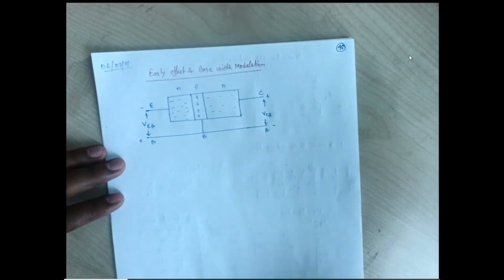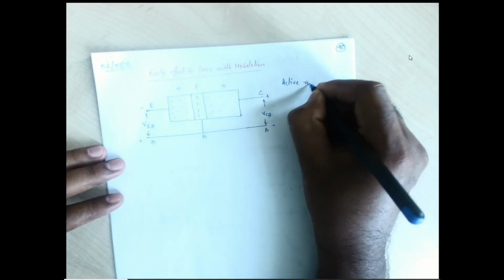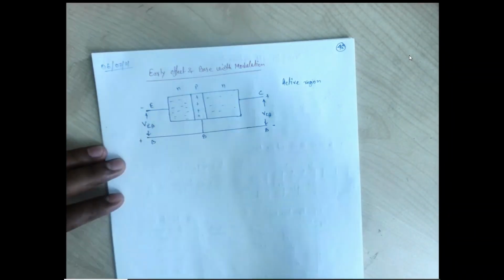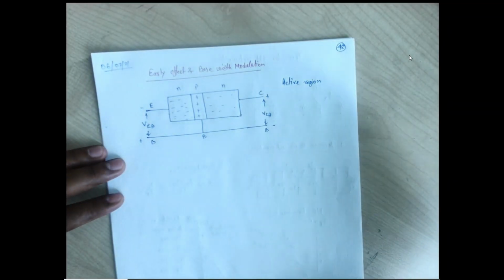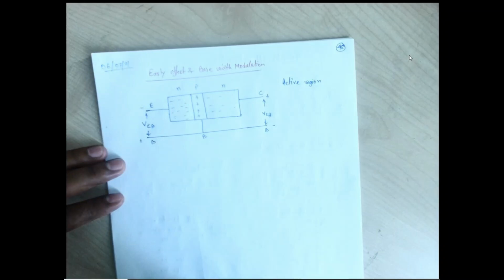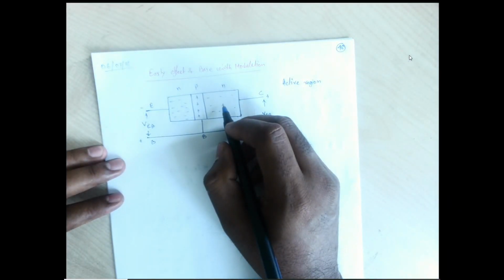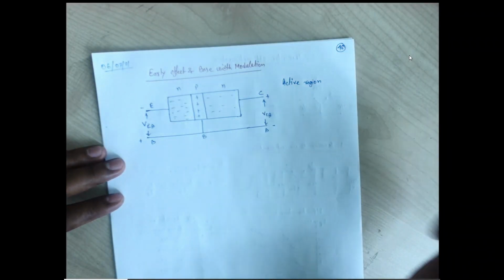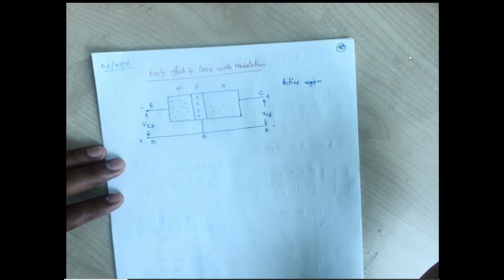So that is the configuration in the active region. The base and emitter are in forward bias, and the collector and base are in reverse bias. The emitter is heavily doped, the collector is moderately doped, and the base is lightly doped, and the base width is very small compared to the other two regions.